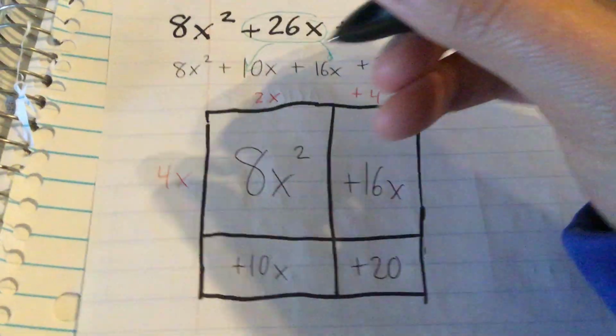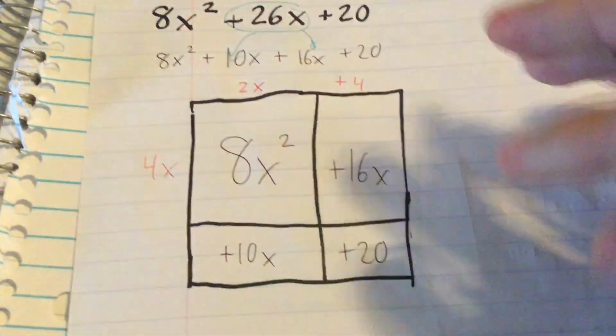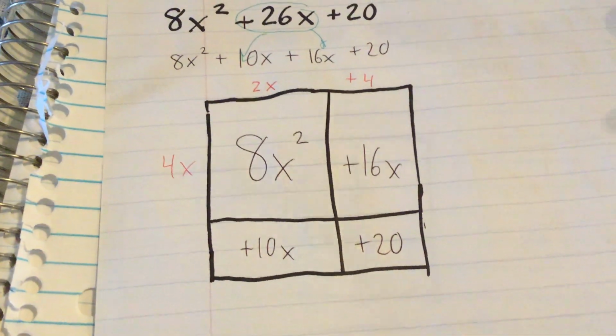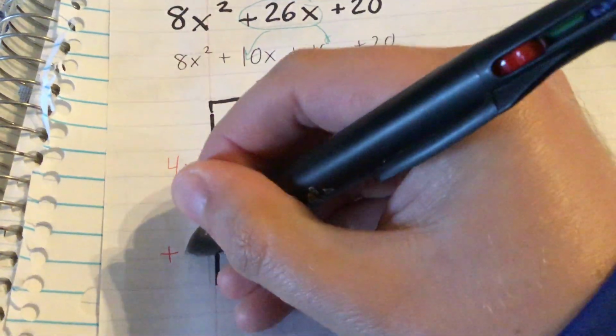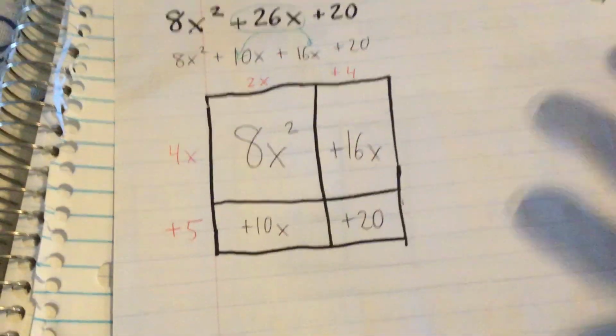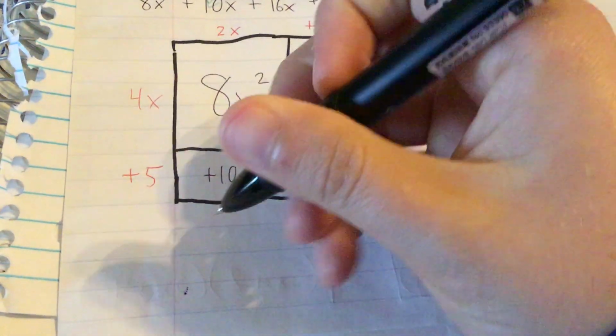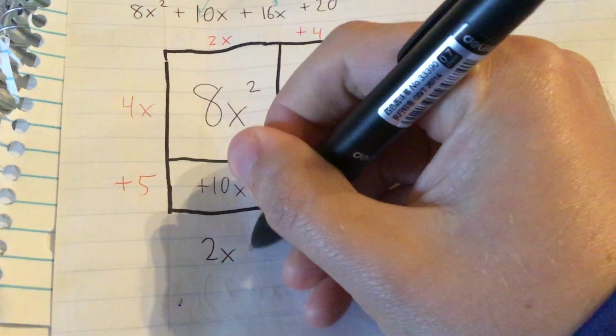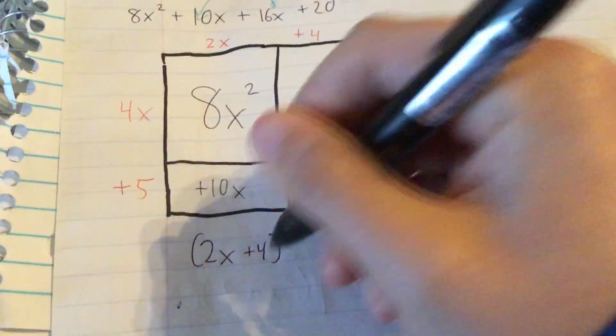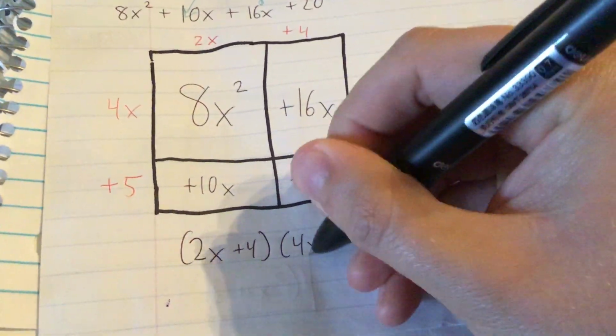Plus 4. And finally, 2x times what is positive 10x? Positive 5. So what you'd be thinking is you could factor this into 2x plus 4 times 4x plus 5.